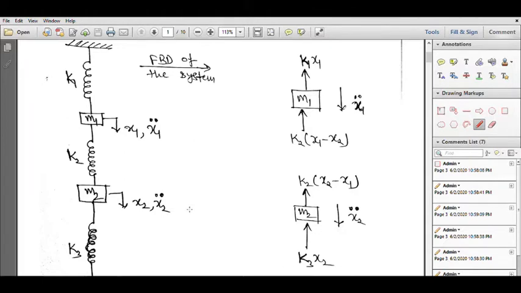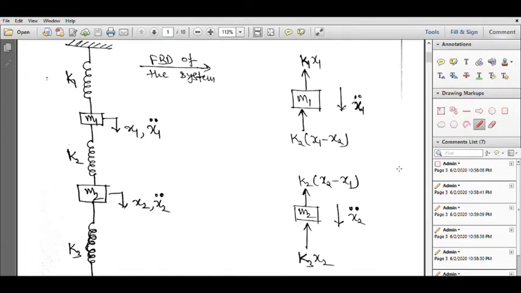Now, for the instant in which the mass m1 is moving in downward direction and mass 2 also moves in downward direction, we'll draw the free body diagram of the system.